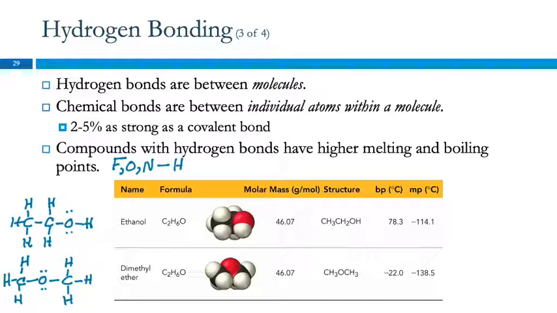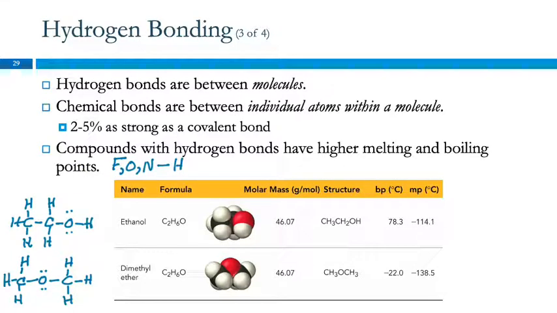If there's no fluorine, oxygen, or nitrogen, there's no hydrogen bonding. If you have two of these elements, there's a possibility, but then you have to find that bond. So here I have oxygen bonded to hydrogen. That's not the hydrogen bond, but that's necessary for a hydrogen bond. Hydrogen bonding is the attraction between this oxygen and the hydrogen on a neighboring molecule.